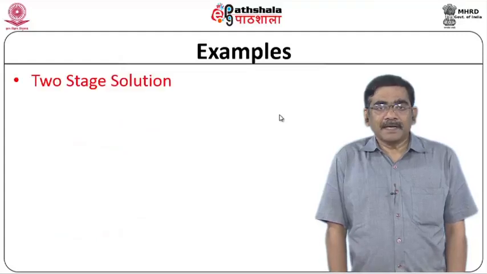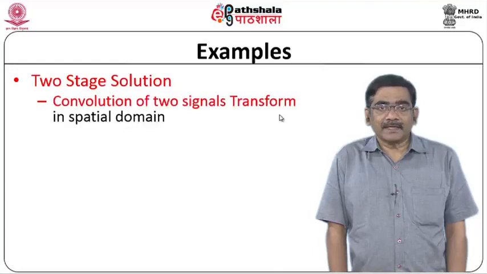Sometimes this paradigm can yield very sophisticated algorithms. Let us take one example, the convolution of two signals in the spatial domain. Convolution, as we discussed in one of the earlier modules, involves shift and addition operations.